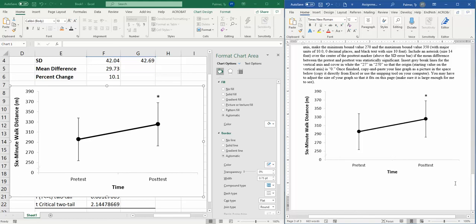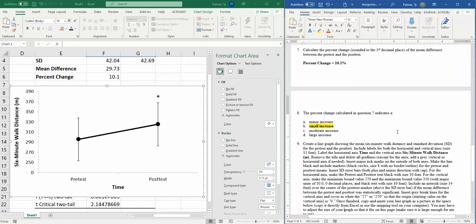That asterisk indicates statistical significance. Another way to word this is that because we found a statistically significant mean difference between the pre-test and post-test, we can conclude that the exercise program in this example was effective at improving 6-minute walk distance in patients with COPD. It was statistically significant. It was effective.